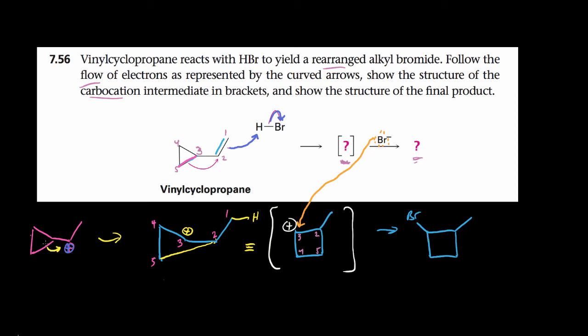And the driving force for the ring expansion here is probably the relief of the ring strain inherent in a cyclopropane ring. So there's quite a bit more ring strain in a cyclopropane than there is in cyclobutane. So that's a ring expansion that's carbocation driven, but it's very much like a methyl shift or a hydride shift.